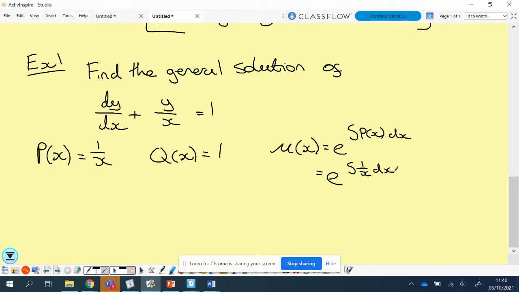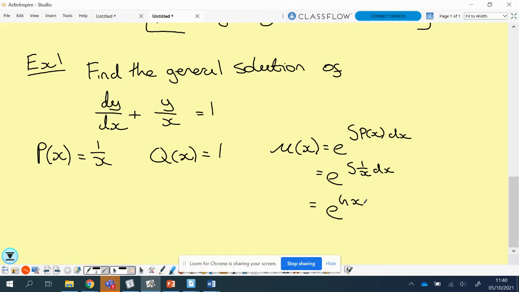That's one of our standard integrals, on our formula sheet. If we integrate 1 over x, we get log x. We don't need a plus c just yet because we need to integrate the right hand side later on.